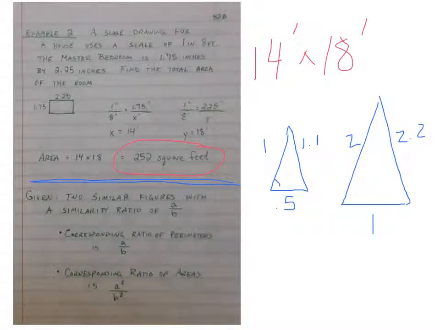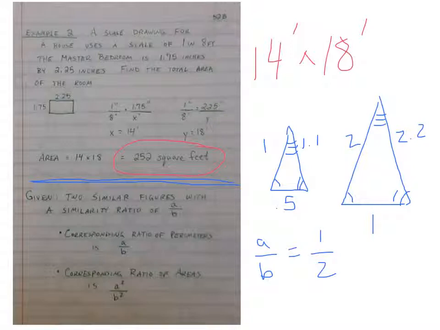And we know the triangles are similar because they've got congruent angles. 1, 2, 3, 1, 2, 3. And the proportion is the same. And our similarity ratio of these two triangles is A to B. A to B is equal to 1 to 2.